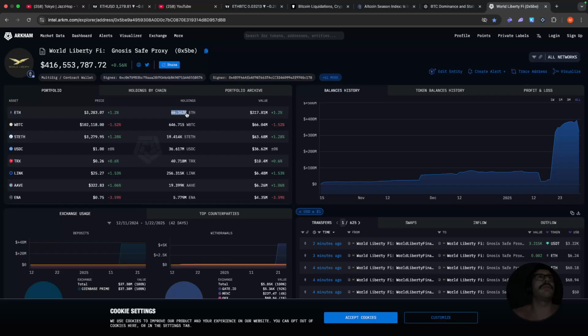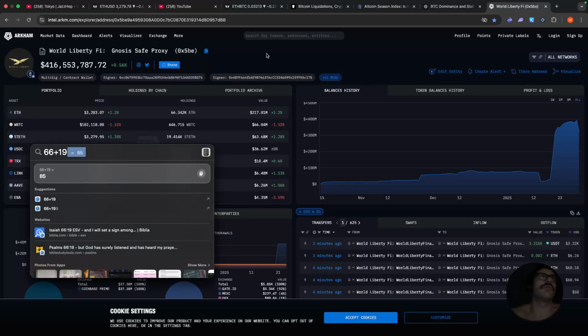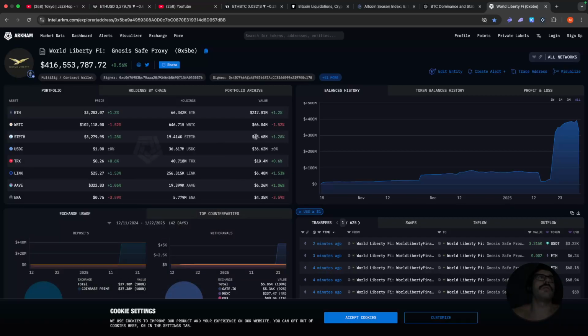He has 66,000 Ethereum, and he also has another 20,000 Ethereum that is staked on the Lido protocol to get a yield, a return. So 66 plus 19, it's a little bit more than 85,000 Ethereum. That is worth almost $0.3 billion. And he also has some Bitcoin, but less than Ethereum.